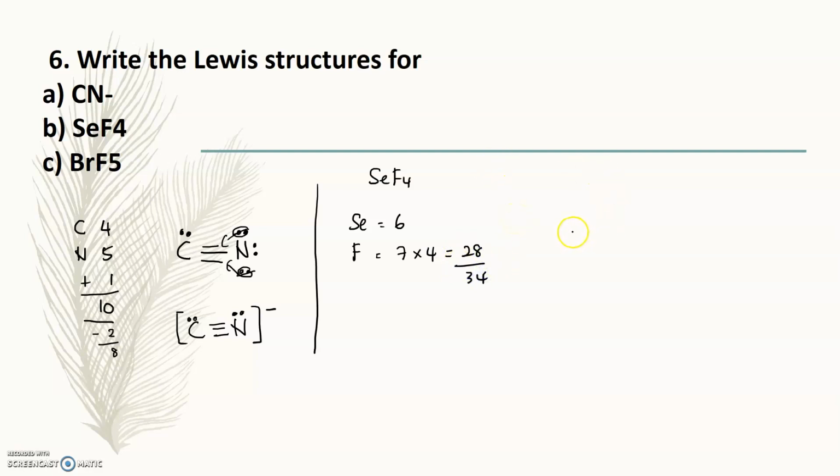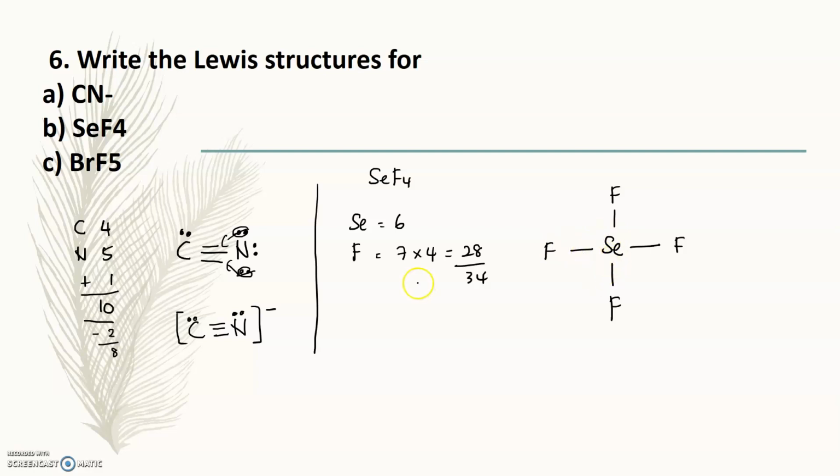Draw the central atom. Selenium is more electropositive than fluorine, so it is the central atom, with 4 fluorine atoms, forming 4 bonds. So there are actually 8 electrons here, one shared from fluorine and one from selenium.